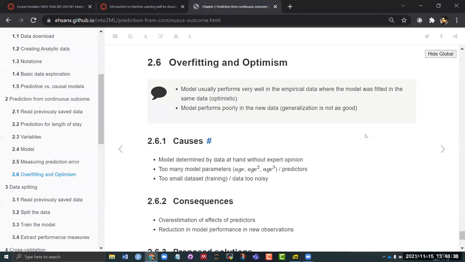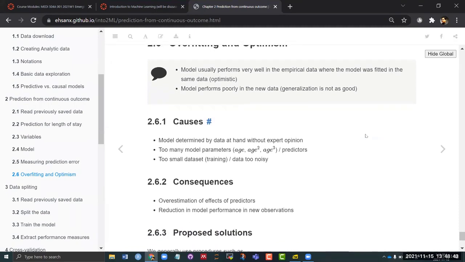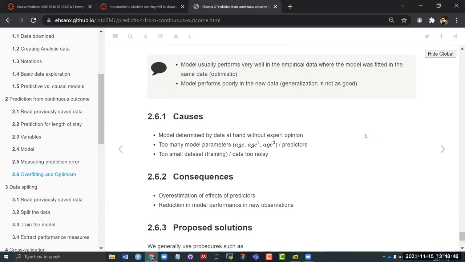So the consequence of optimism is the overestimation of the effect of the predictors and the reduction of the model performance in new observations. Once you have built your model using the data of 2020, and you then use the data of 2021 to predict, the R-squared values are generally going to go down. That is one consequence.